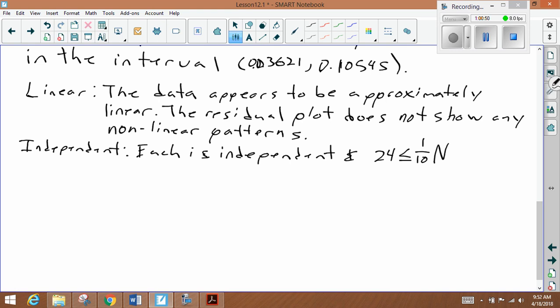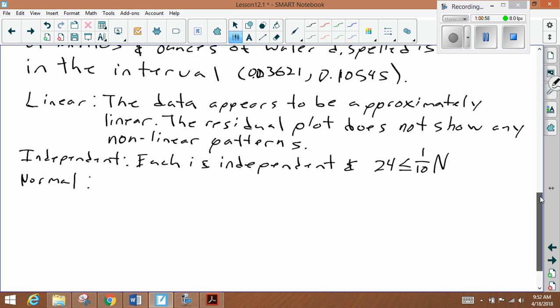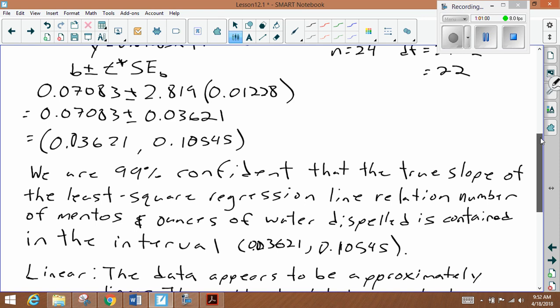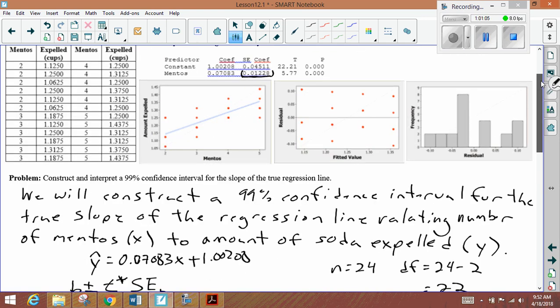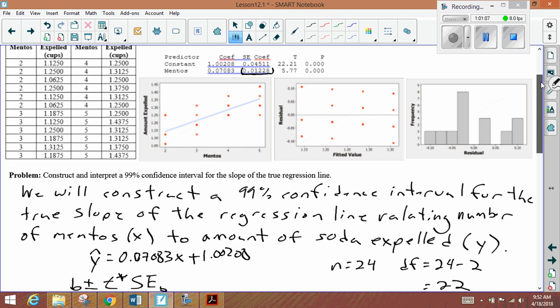N for normal. So we've got a histogram for our frequency and our residual that does not show any skewness or outliers. Okay.